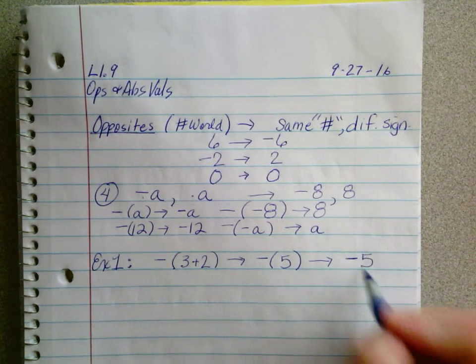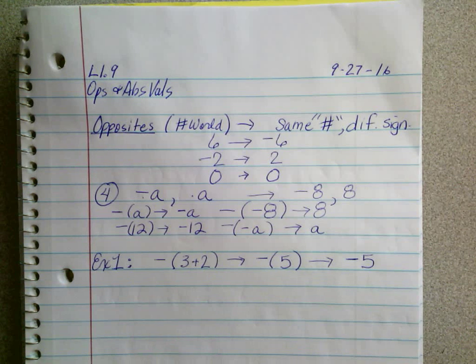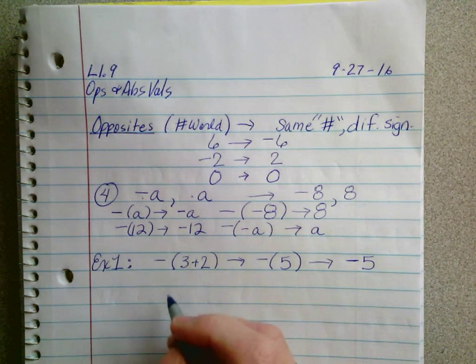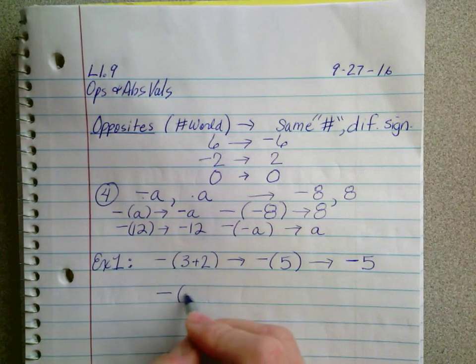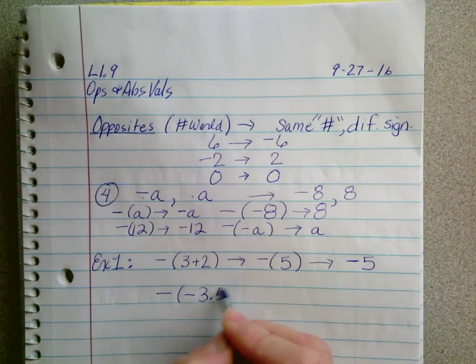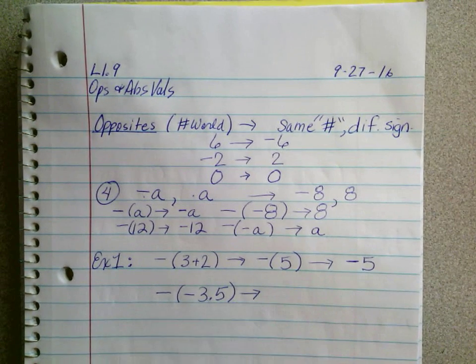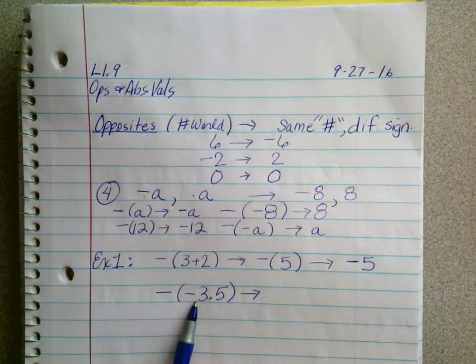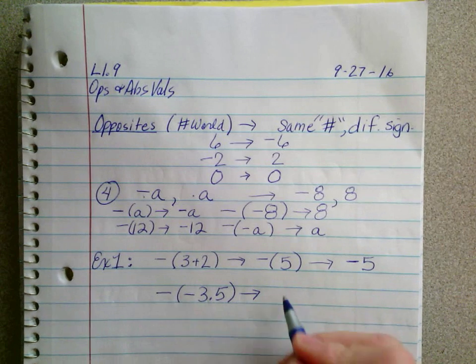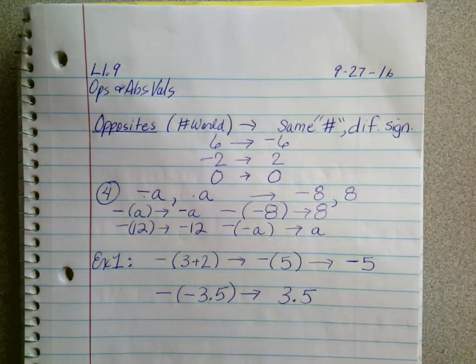Would you guys agree that that's -5 based on what we're talking about? Awesome. And the next one I'm going to do is a real simple looking one. The opposite of -3.5. The opposite of a negative is what? Positive. Bravo. Okay.